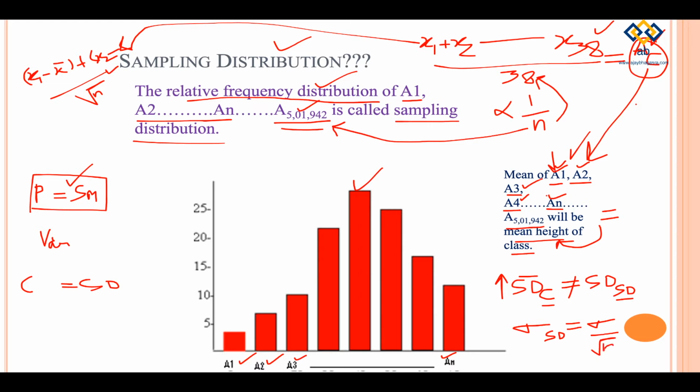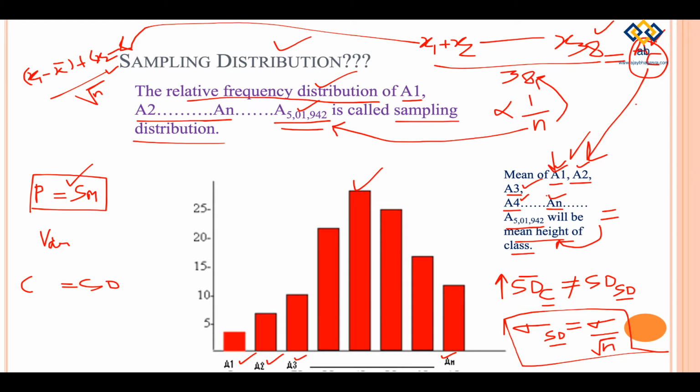This is the relationship between the standard deviation of sampling distribution and standard deviation of population. So the simple sigma represents the standard deviation of population. This sigma SD represents the standard deviation of sampling distribution, and it is like this. So n decides how much is the difference between these two. Okay, so this is how we are looking at it now.